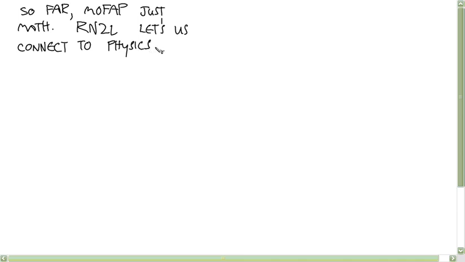And the rotational version of Newton's second law says this. It's actually sort of complicated. Okay, and this is true for rigid bodies.